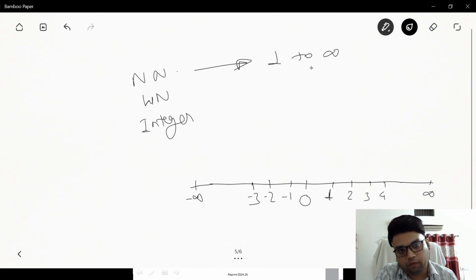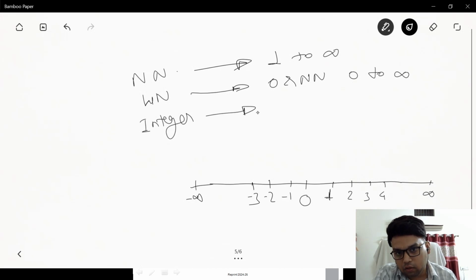1 to infinity. The value of whole number includes 0 and natural number, that means the value varies from 0 to infinity. Integer numbers are classified into two types: positive integer number and negative integer number.